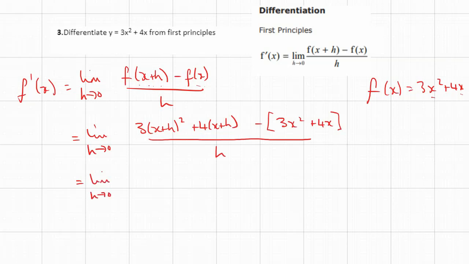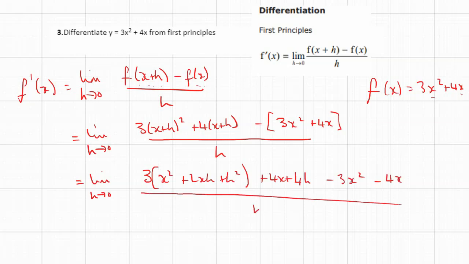So keep going down, always remember to write that. We're going to expand these brackets: 3 brackets x squared plus 2xh plus h squared, plus 4x plus 4h minus 3x squared minus 4x, all over h.